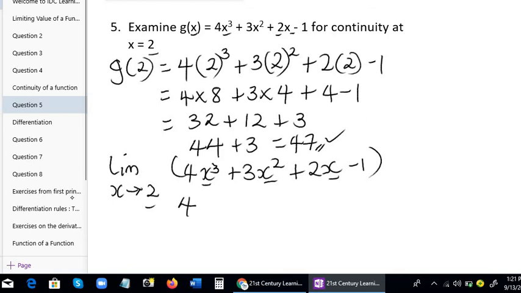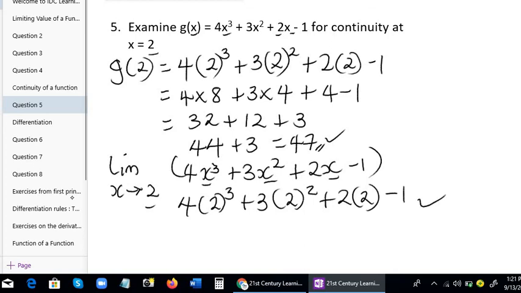We have 4 bracket 2 cubed plus 3 bracket 2 squared plus 2 bracket 2 minus 1. Now this will give you what we had here. So if you simplify this, you are going to get 47 as well.